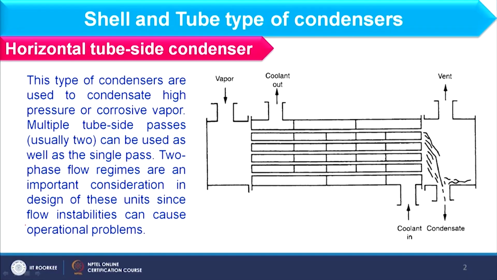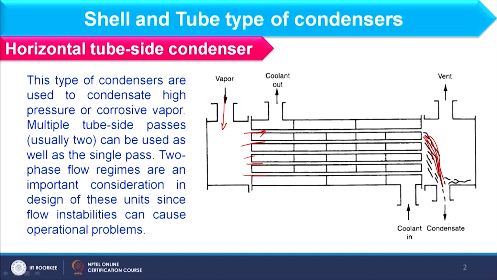I am focusing on the horizontal condenser when condensation is occurring in the tube side. Here you see one schematic, where vapor enters the tube side, because I am considering horizontal tube side condensation. Vapor will enter the tubes, and from the other side of the tube the condensate exits.